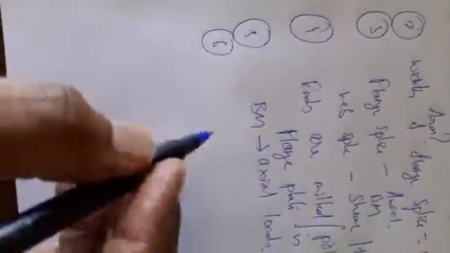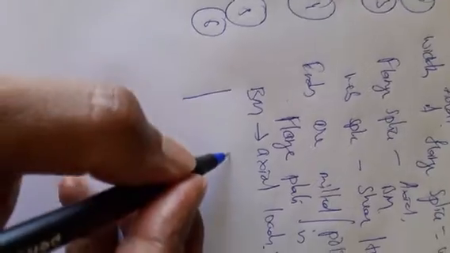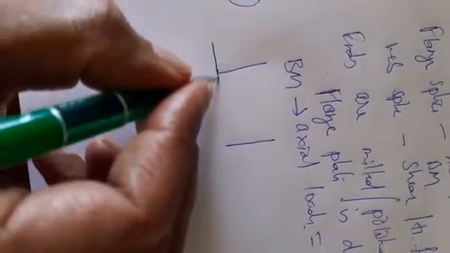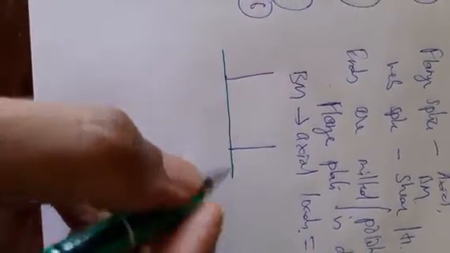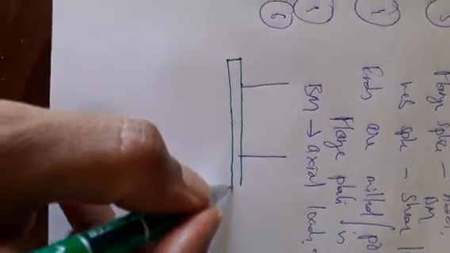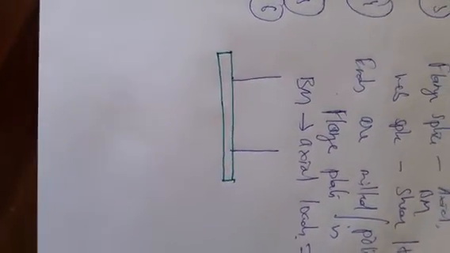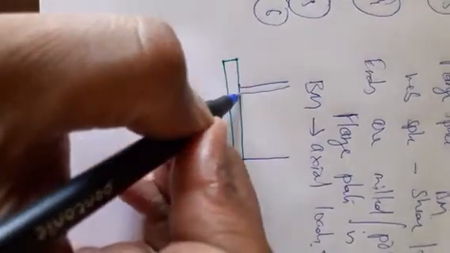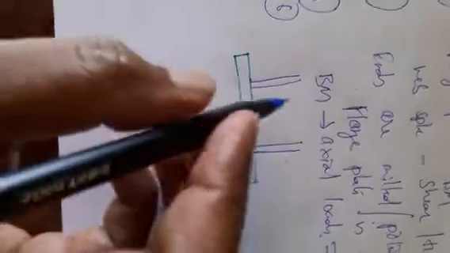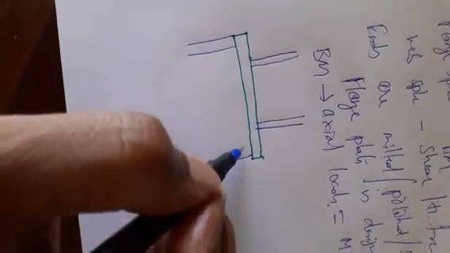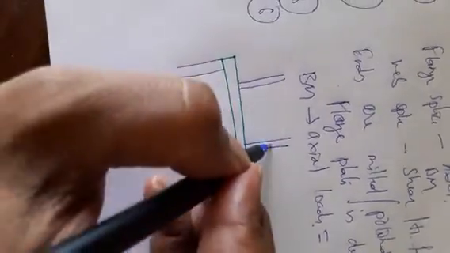Next, sixth. This is the case of equal columns joining together. Suppose we have unequal columns. Suppose this is one column, another column.